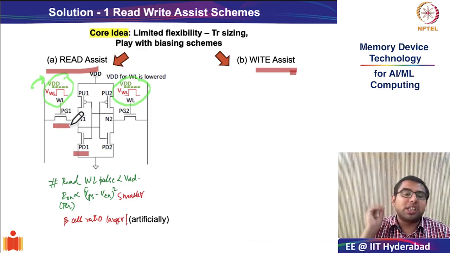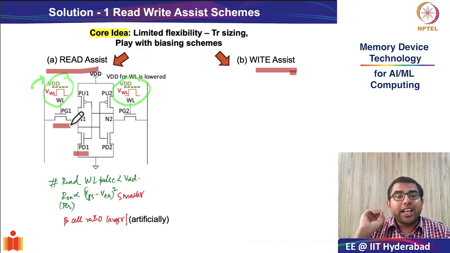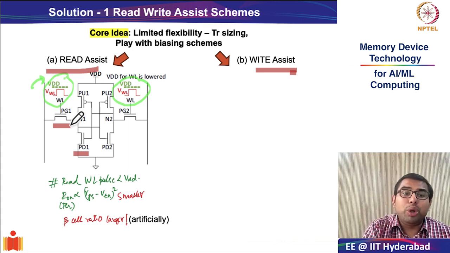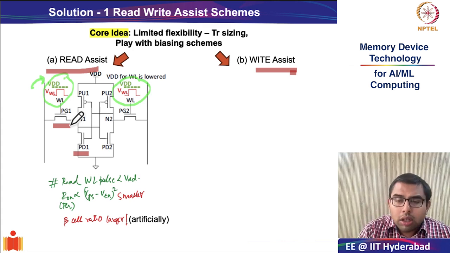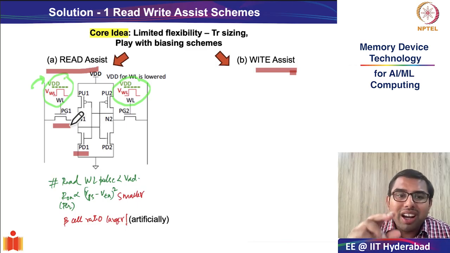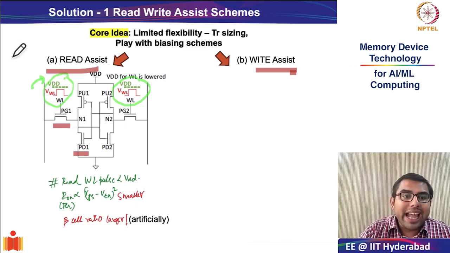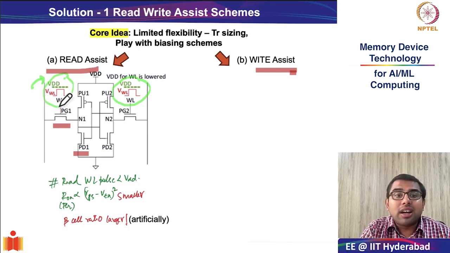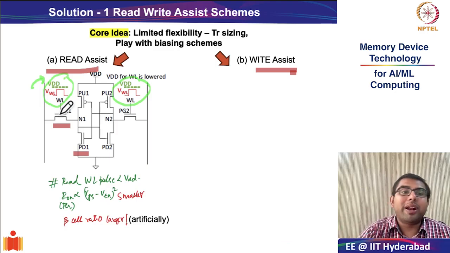So an artificial way of ensuring that during read operation the pass gate transistor has slightly smaller strength is by ensuring that you do not assert the word line, which is connected to the gate terminal of the pass gate transistor, to complete VDD.